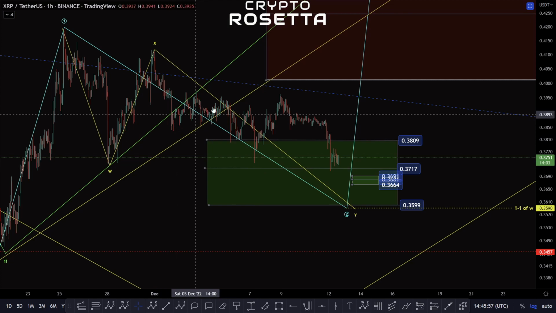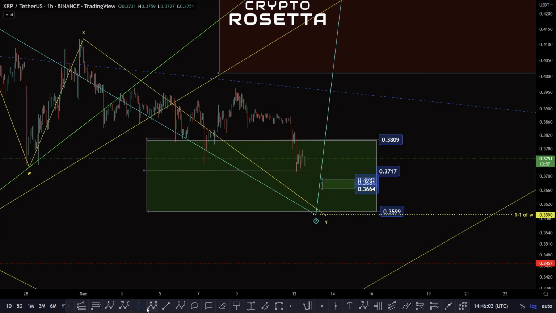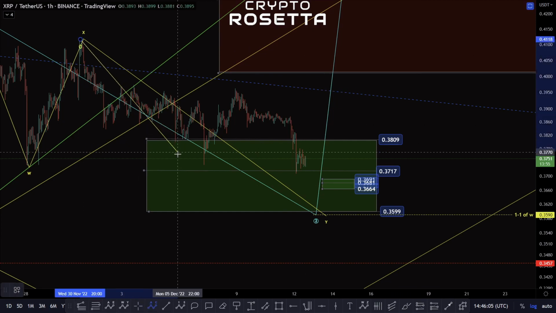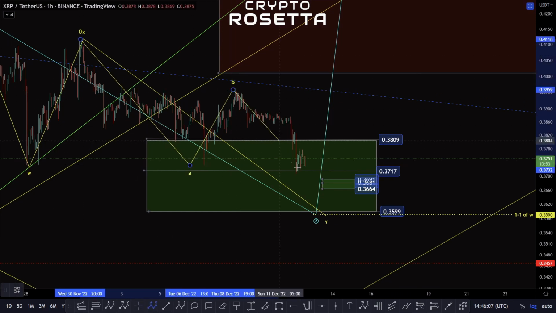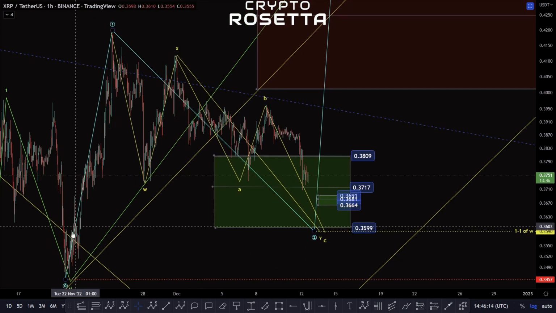So if this is the case, we would be within this Y wave, and effectively within this Y wave, we'd be looking for this A, B, and C, which the target area for that would be this 35.90 area. Though we can look within this option, we've already technically reached the 0.618 retracement of this teal wave here.